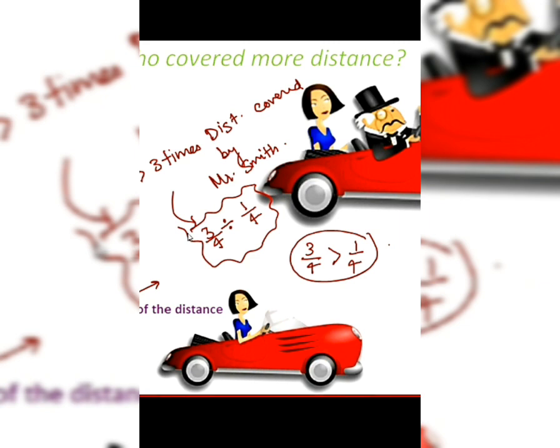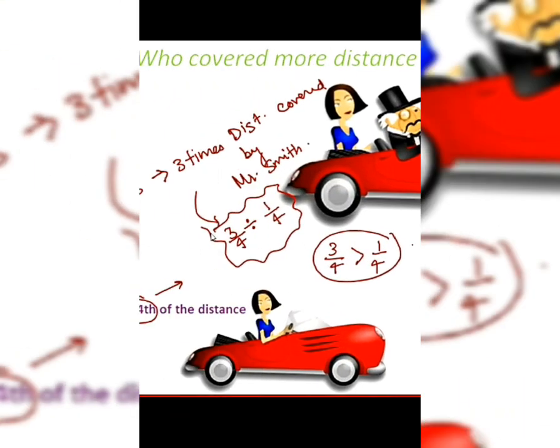Because what you are basically doing when you are saying that distance covered by Mrs. Sim divided by distance covered by Mr. Sim, that's what you are actually doing in this case. So you are comparing the two quantities by division.